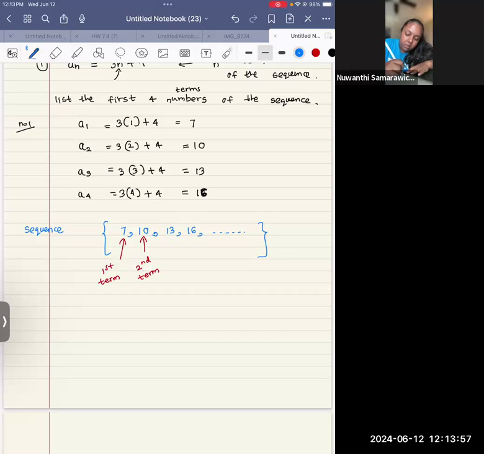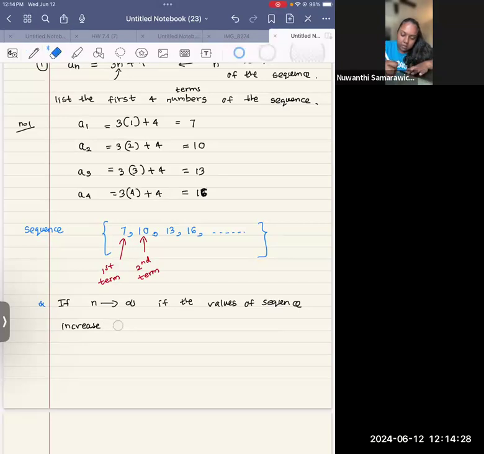So consider now if n, that is all the positive integers, goes to infinity, if the values of the sequence increase without bound.